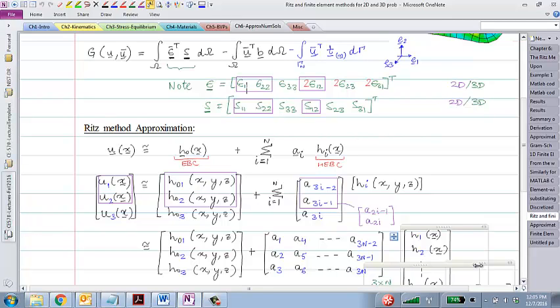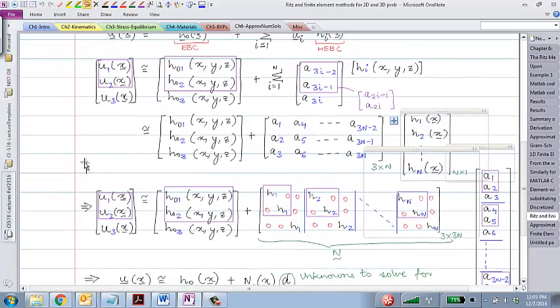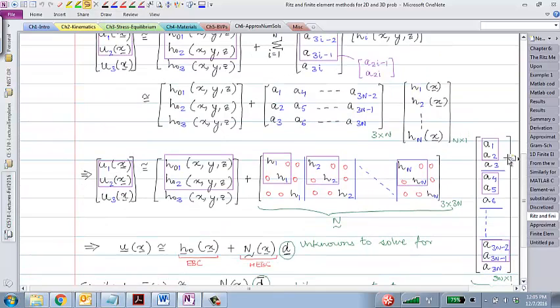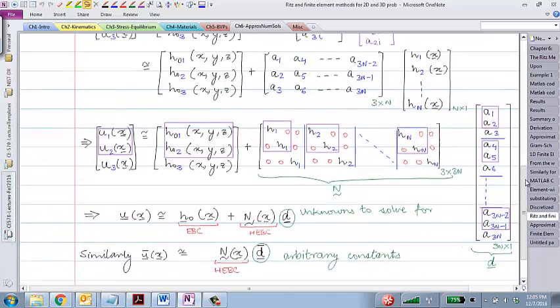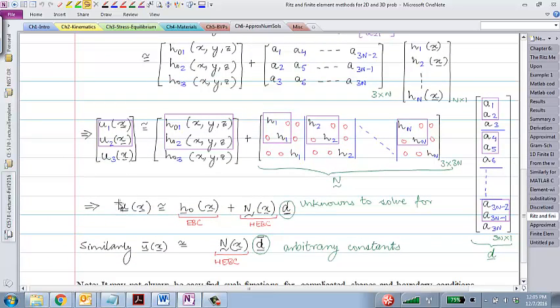This is the exact same operation that we did even for the 1D problem, where we said that A transpose H is the same as H transpose A, right? So that's exactly what we are doing here for the 2D or 3D Ritz method. And finally, we get an approximation for the real displacement, which is H0 plus the N matrix. This is the big, huge N matrix that we have, times d, the unknown coefficients.